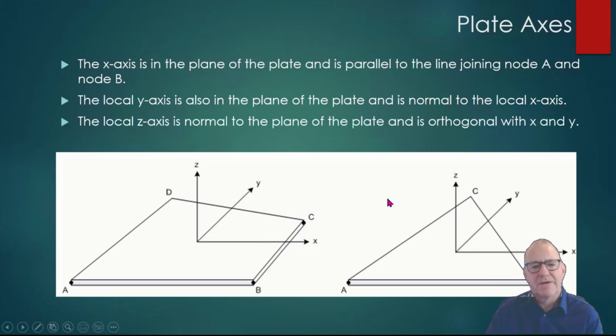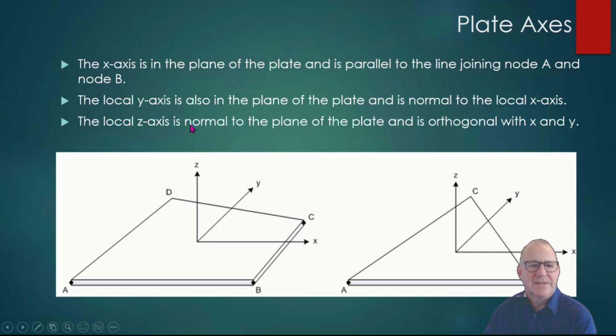So all plates have an axis system, and they're usually defined in the XY plane with the Z axis out of the plane of the plate. So as we describe here, the x-axis is in the plane of the plate and is parallel to the line joining node A and node B. So those are the first 2 nodes you've connected.